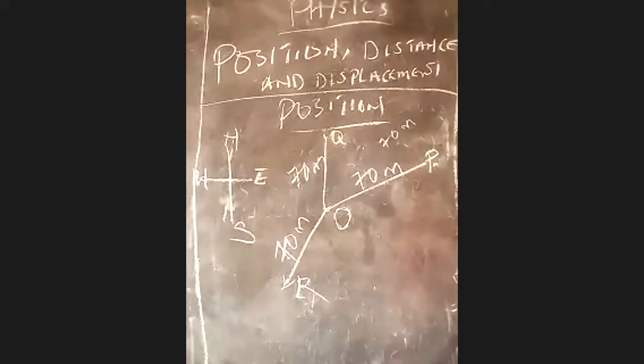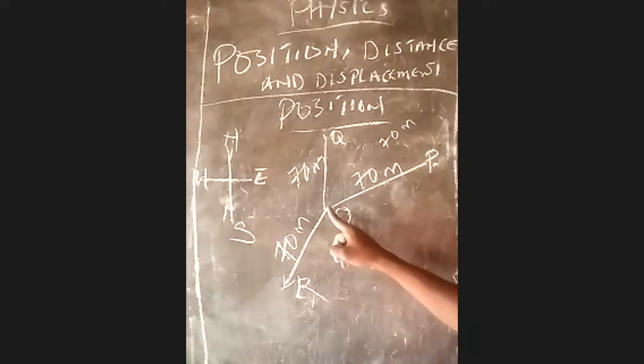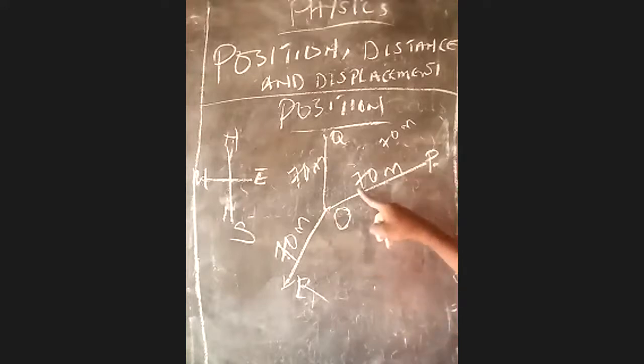What we are dealing with is position. The board is not enough for me to show everything, because if I show on the board, some things will be blocked. So we are dealing with position. When an object moves from point O to P, the distance it covers is 70 meters, and this 70 meters shows how far the object has moved.